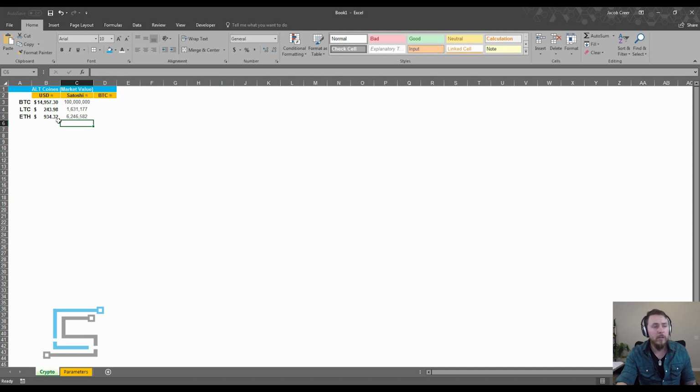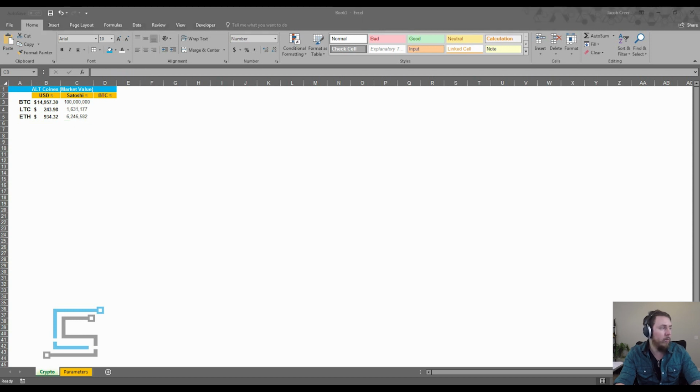There you go. You can now see that to purchase 1 Bitcoin is 100 million Satoshi, and what actually gives you a form of measurement is that your Litecoin is 1.6 million and your Ethereum is 6.2 million.